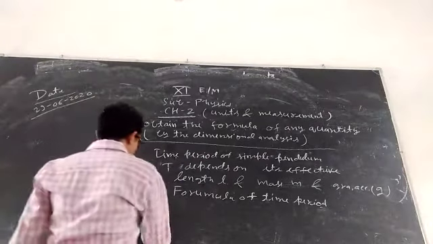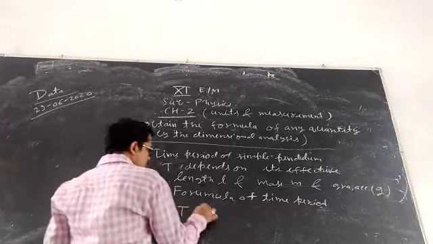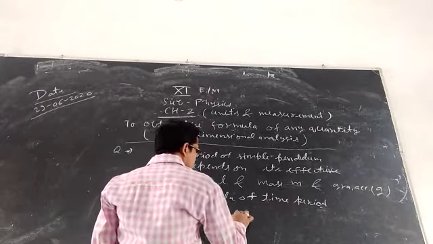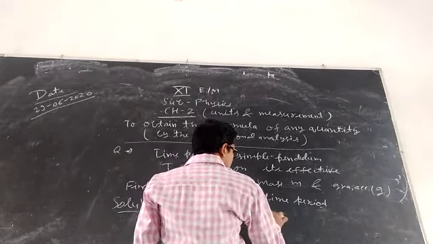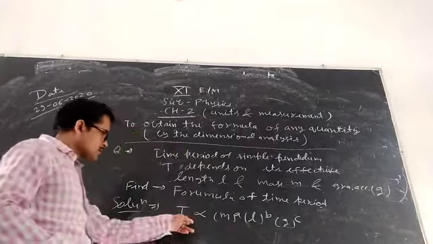First, time period T is proportional to what? M to power a, L to power b and G to power c. It should have a proportionality sign.